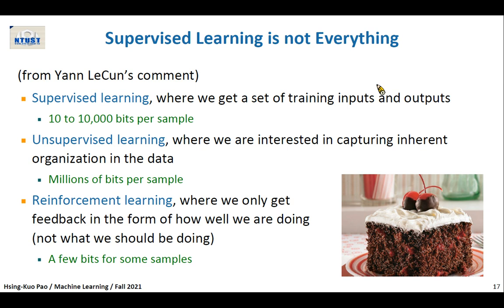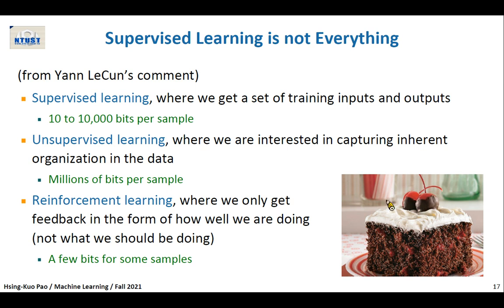He said supervised learning, unsupervised learning, and reinforcement learning are like a cake. When is the last time you had a cake? Supervised learning is the icing on the cake. Unsupervised learning is the cake itself. Reinforcement learning is the cherry on top. Why did he say that?